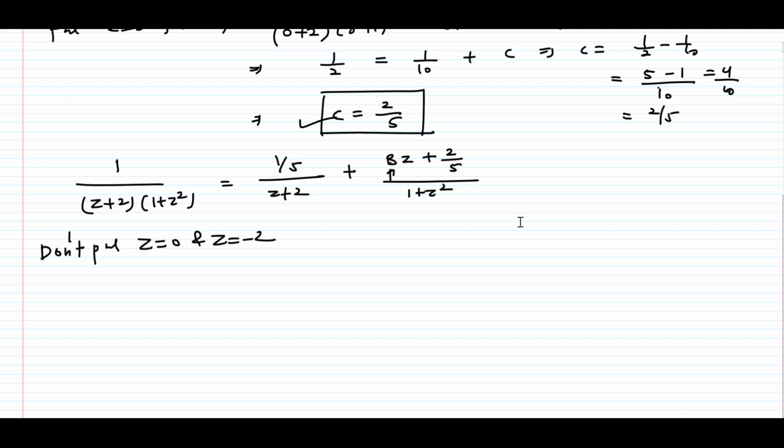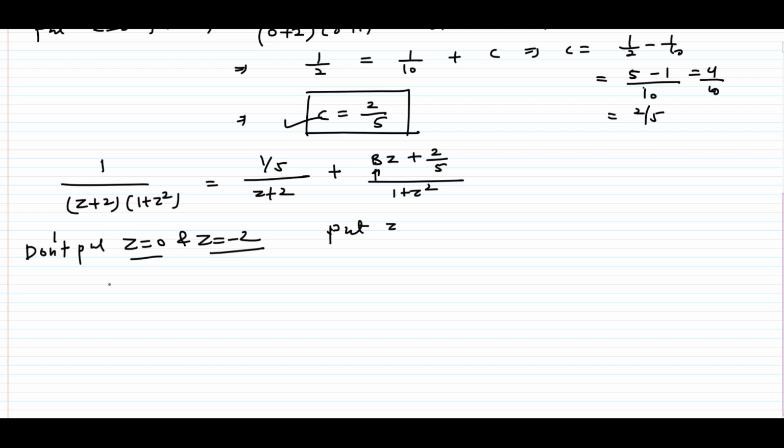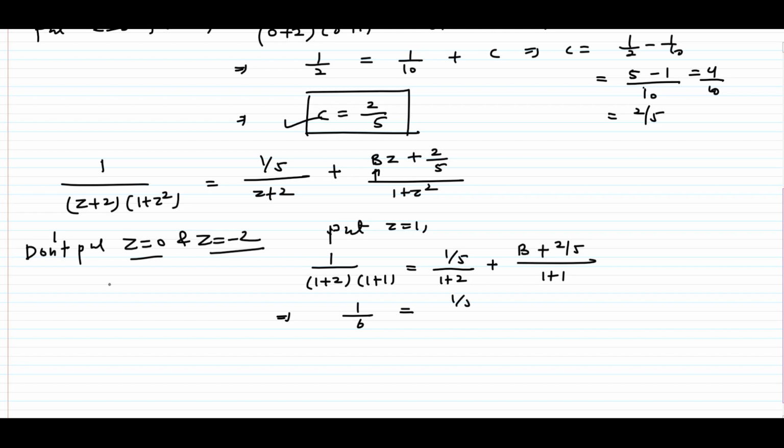So we put z equal to 1, then 1 upon (1 plus 2) multiplied by (1 plus 1) is equal to 1 by 5 upon 1 plus 2, plus b plus 2 by 5 upon 1 plus 1. It will give 1 upon 6 is equal to 1 by 15 plus b by 2 plus 1 by 5, since 2 by 5 divided by 2 is 1 by 5.